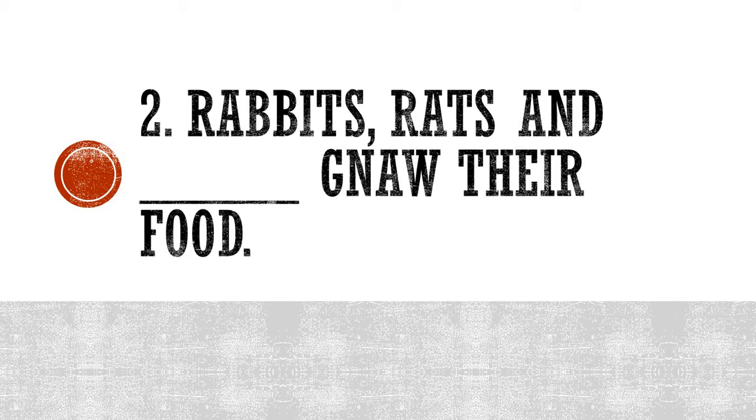Try not to copy from anywhere. Try to recollect whatever you have learnt. I hope that you are writing the answers. Rabbits, rats and dash gnaw their food. So if you have written the answer, let's see what the answer is.